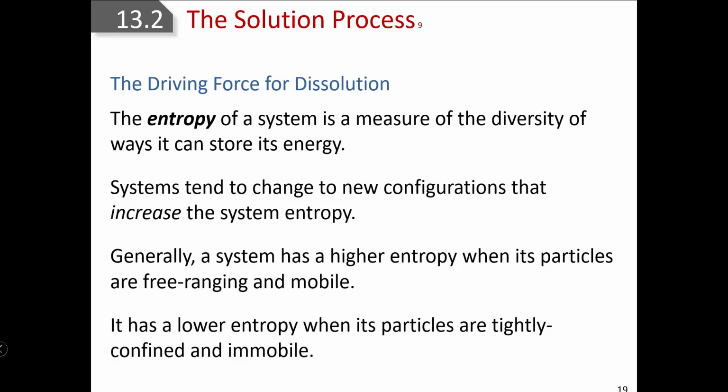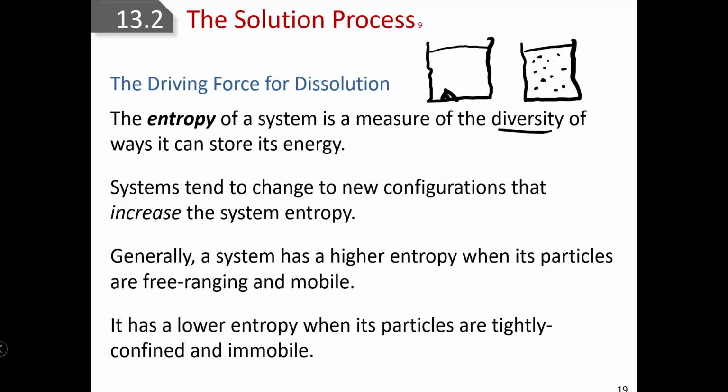So entropy of a system is a measure of the diversity of the ways it can store its energy. What they mean by this is, if you look at the container, here's my water and here's my solid. If the solid dissolves in the liquid, I have more places for the solid to occupy than this little triangle here.